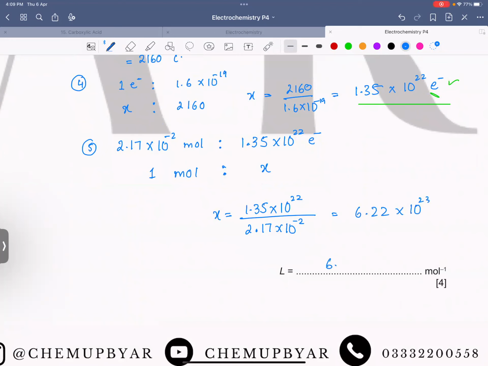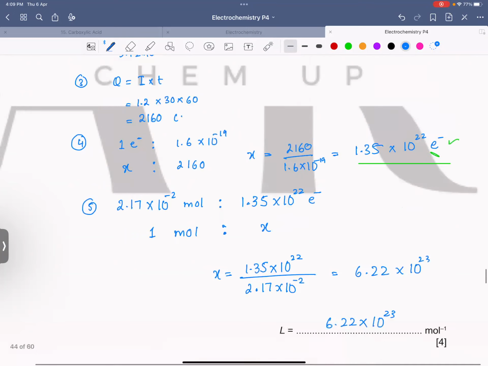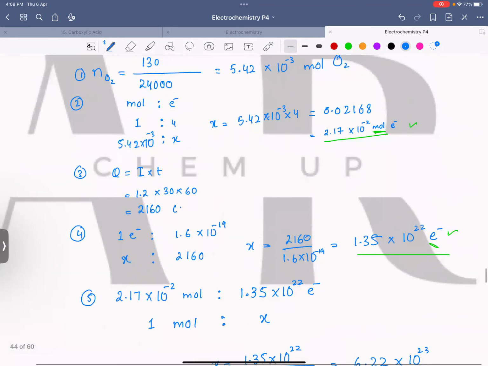So see, in this way you don't always get the exact 6.02 exponent 23. You will either get 6.1 exponent 23, or 6.2 exponent 23, or 5.99 exponent 23 sometimes as well.